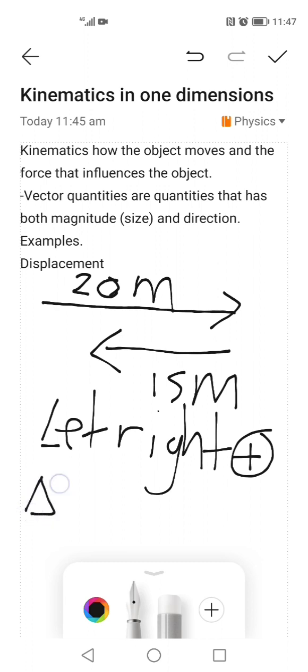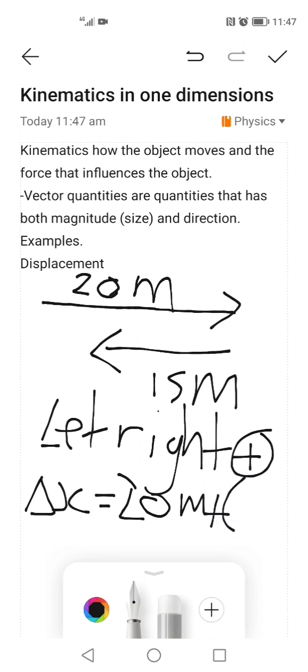We are going to say delta x is equal to all the distances that the boy traveled, which is 20 meters plus, since we took right as positive, everything that is going to the left is going to be negative, which means negative 15 meters to the left. Then the displacement of the boy is 5 meters to the right.